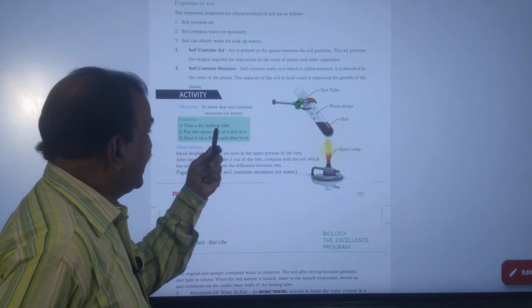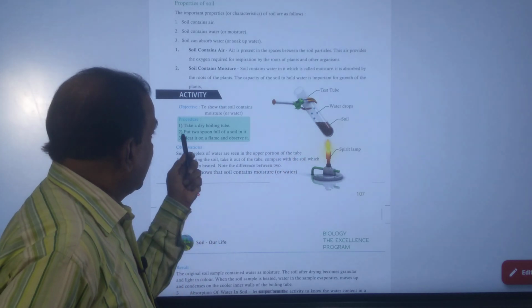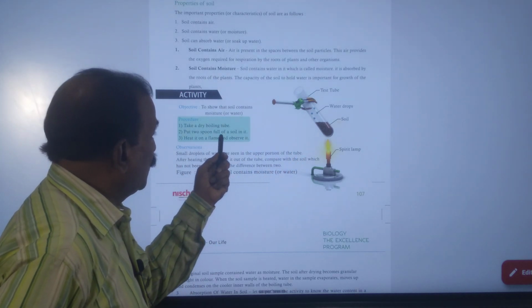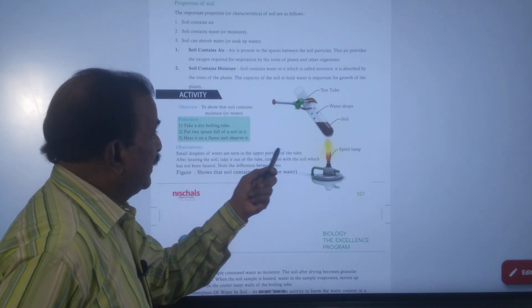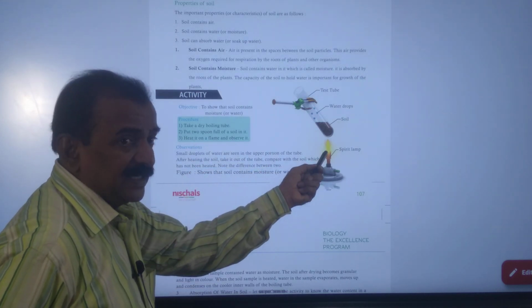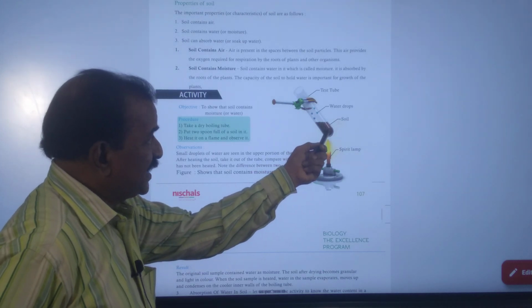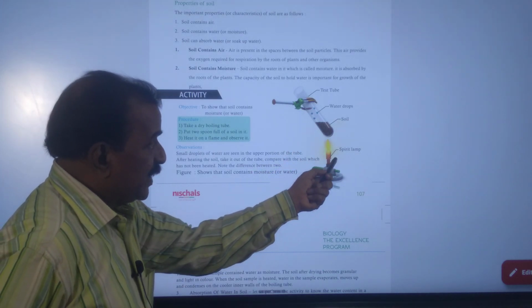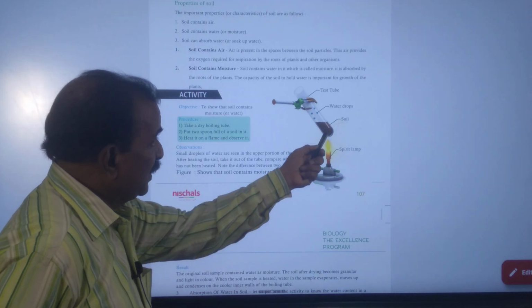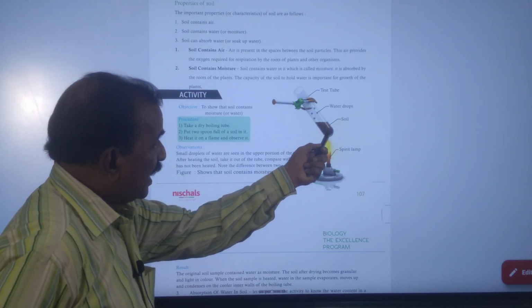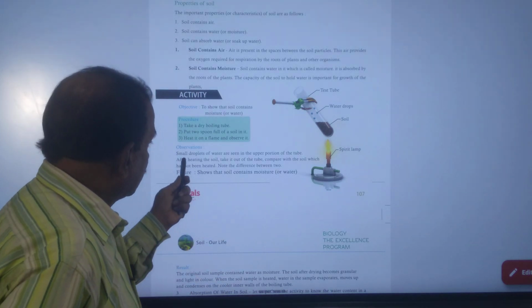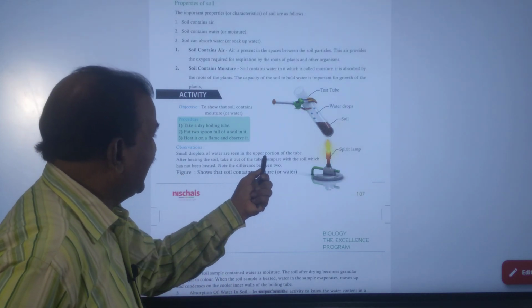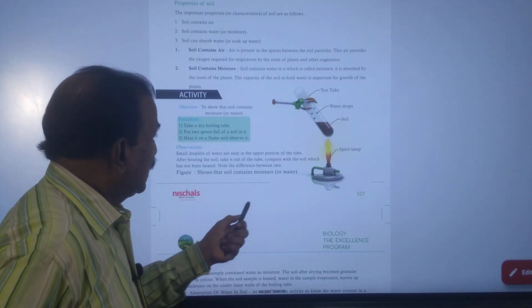Procedure: take a dry boiling test tube, put two spoonfuls of soil in it, heat it on a flame and observe. After some time, the soil releases water vapor, and small droplets of water are seen in the upper portion of the tube.